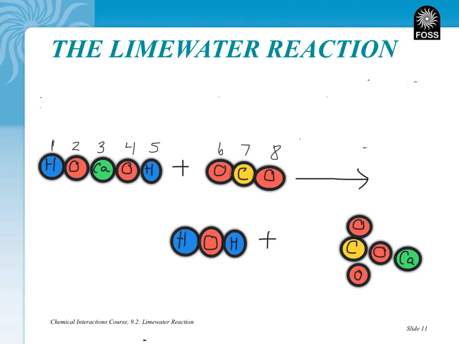So right here I have with me a colorful chemical formula. It's the same as the one we just erased. Calcium hydroxide on the left plus CO2 gas, yielding water and chalk.